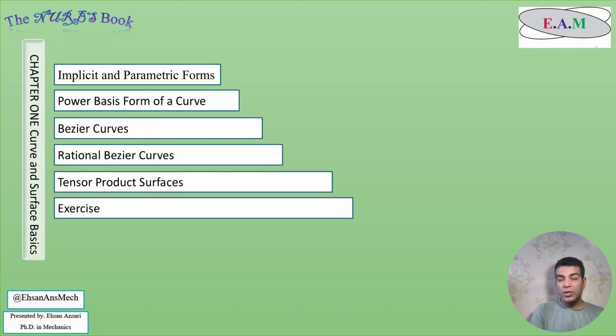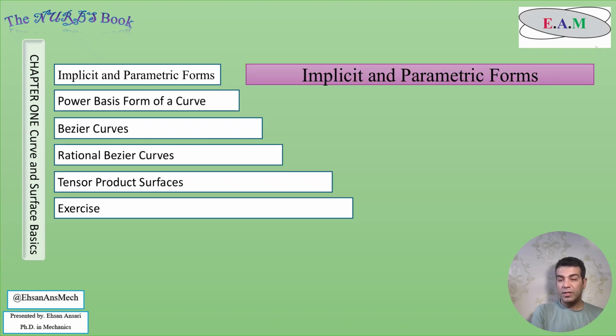In today's presentation, we'll focus on implicit and parametric forms, which are fundamental to representing curves and surfaces in space. These forms serve as the mathematical language behind many design and modeling systems, and understanding them is the first step toward mastering computational geometry. Let's delve into the topic.